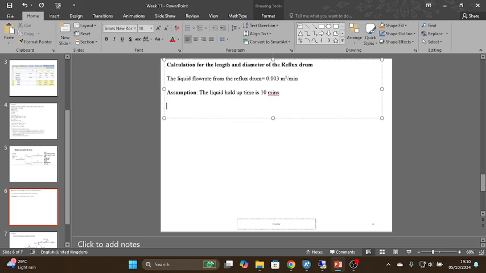Now let's come to the calculation part. Liquid hold up time is 10 minutes for the full volume. That is, if we are not removing the liquid for 10 minutes, then the reflux drum is going to be completely filled.